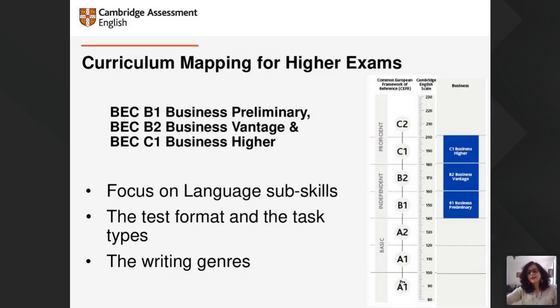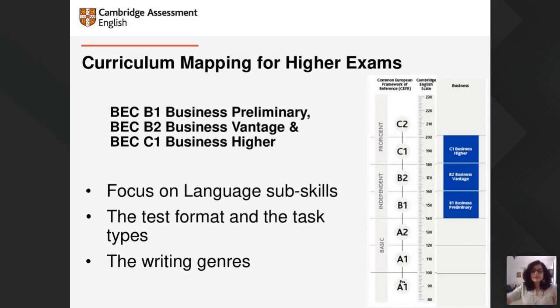Now, even when it comes to the higher exams, your approach is going to be more or less similar, but not exactly the same. So, A, you need to focus on the language subskills. Now, at the higher level, it is not very practical to focus on the vocabulary list. For business English, you can still give it a try, but for general English, it's going to be too vast.